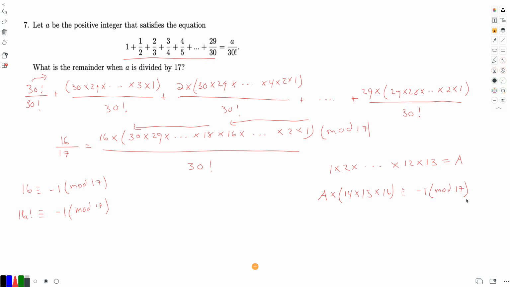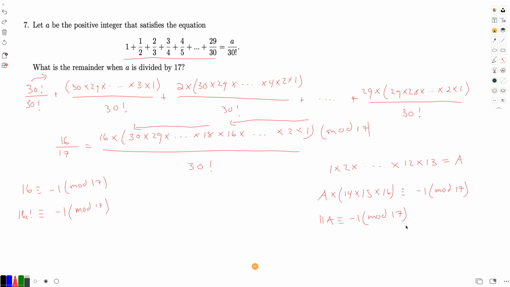Let's reduce each of these: 14 is -3, 15 is -2, and 16 is -1. Combined this is -6, which is 11. So 11A is congruent to -1 mod 17.